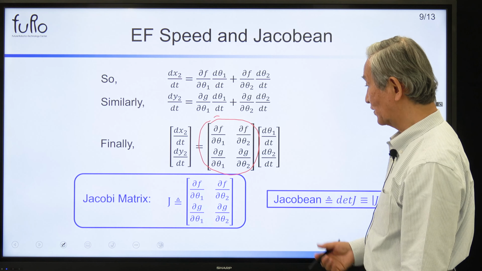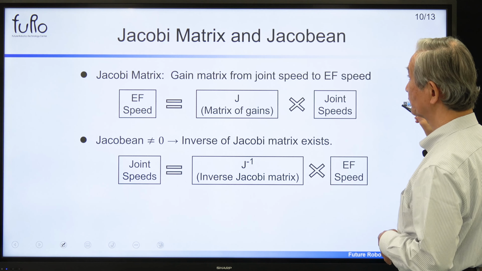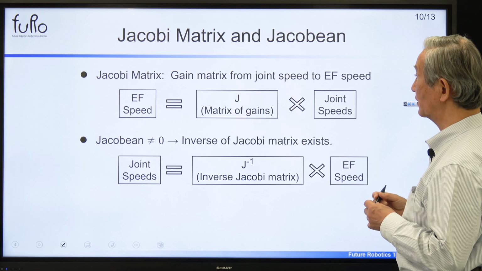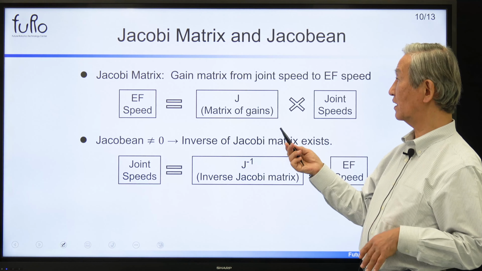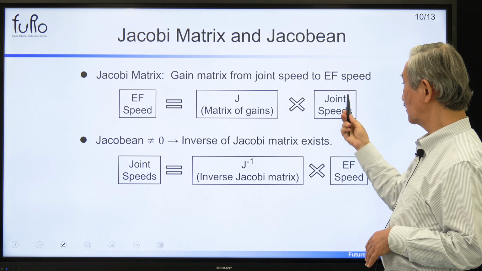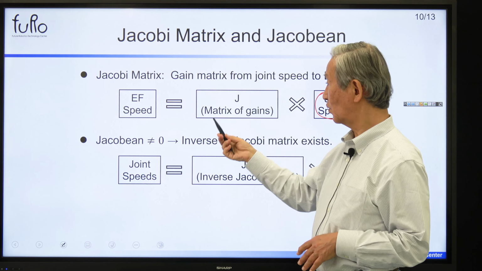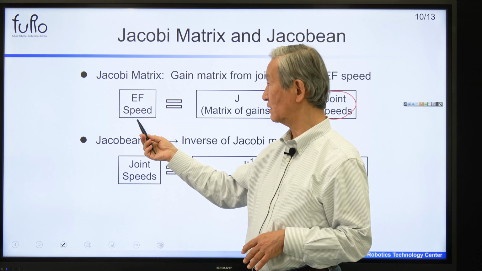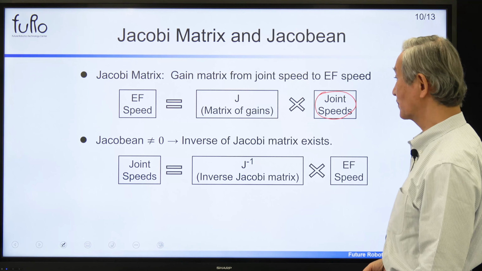Okay? And so let's look at Jacobian more closely. Jacobi matrix and Jacobian. Jacobi matrix is nothing but the gain matrix from joint speed to EF speed. Joint speed is sitting here, and if you multiply the Jacobi matrix, then you get the end-effector speed. So it's a gain from here to there.